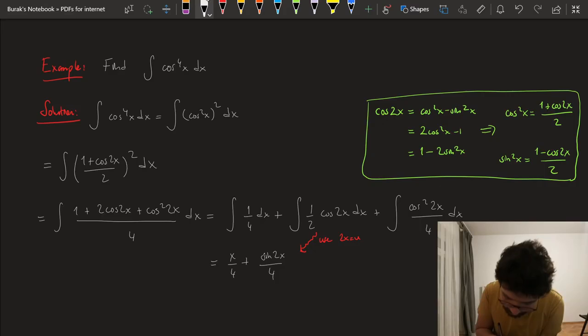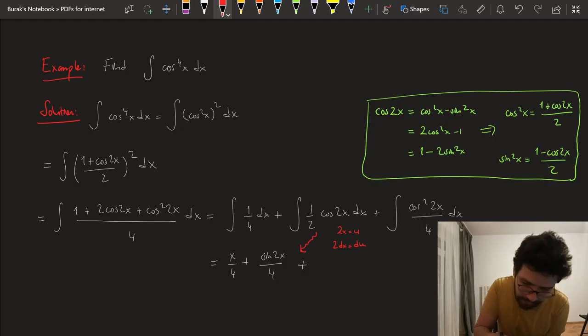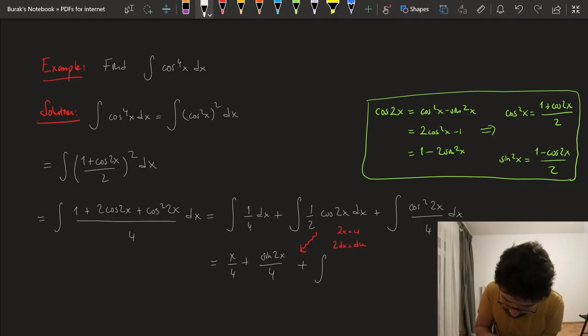And then over here, I'm going to use the same substitution, 2x equals u. Maybe I should just write it down. 2x equals u, so 2 dx is du. And then this will turn into, now my dx is 1/2 du. So I have cosine squared u divided by 4 here.